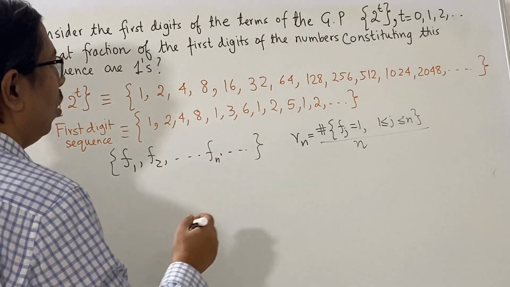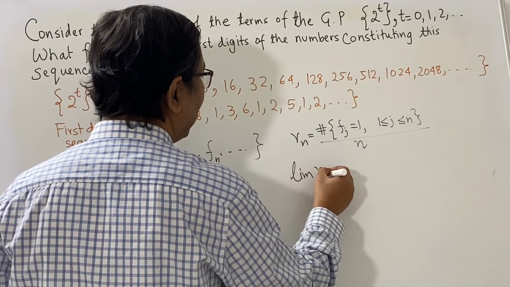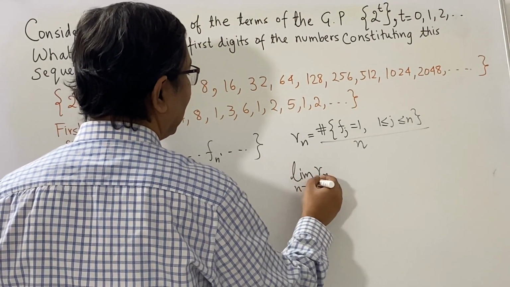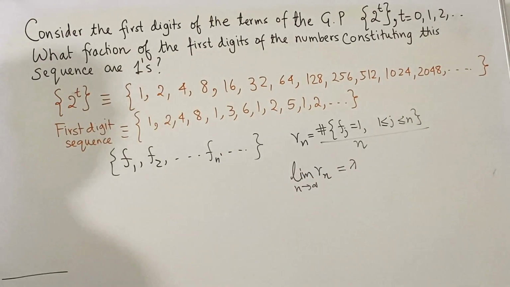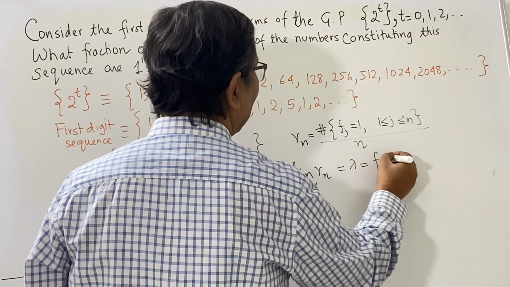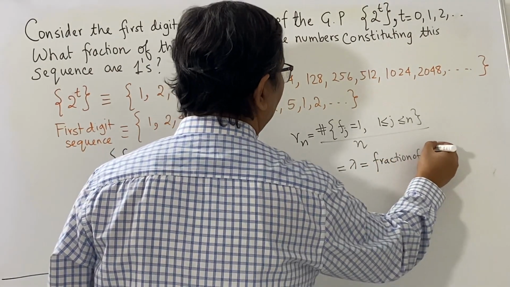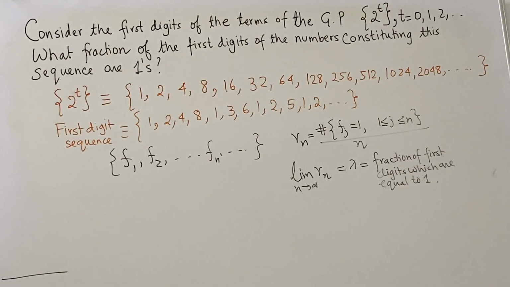And then we look at the limit of this sequence Rn as n goes to infinity, and let us call this lambda. We will think of this lambda as the fraction of first digits which are equal to 1, and we will try to find the value of lambda.